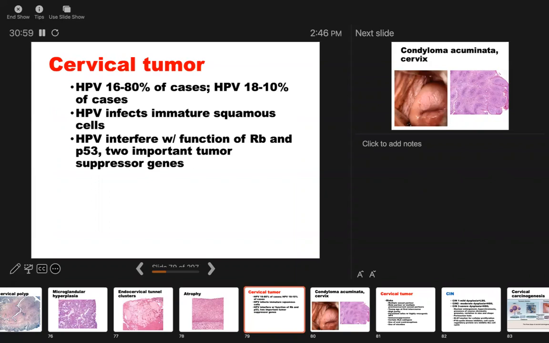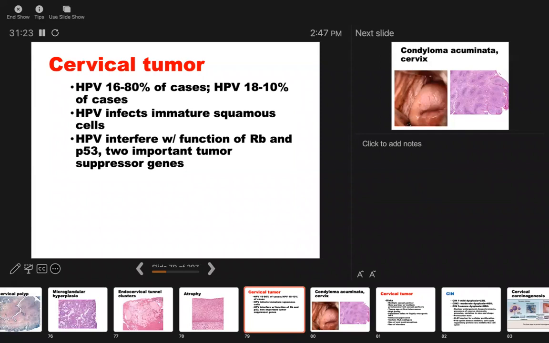HPV can infect immature squamous cells, and viral replication occurs in maturing squamous cells. The viral E7 protein binds to the hypophosphorylated active form of your RB gene and promotes its degradation via the proteasome pathway, and it also binds and inhibits P21 and P27.